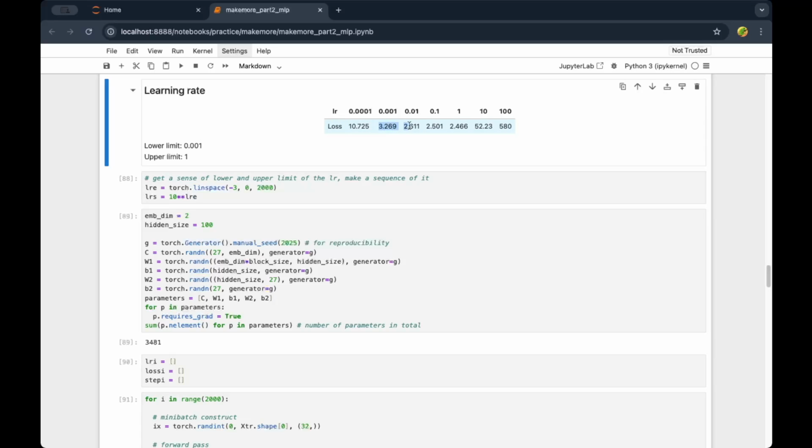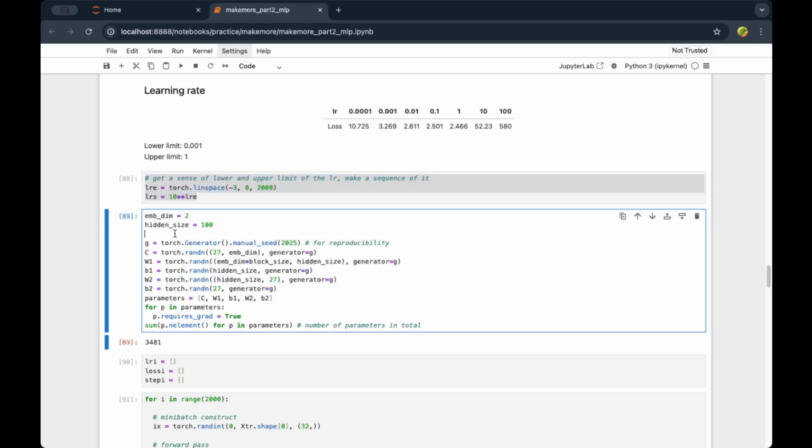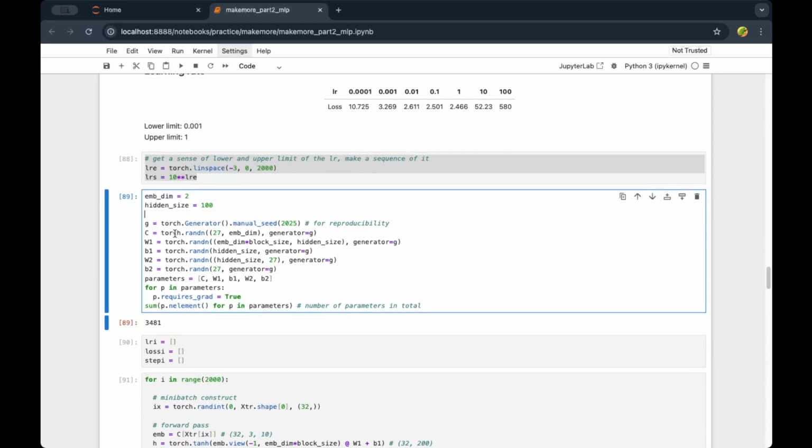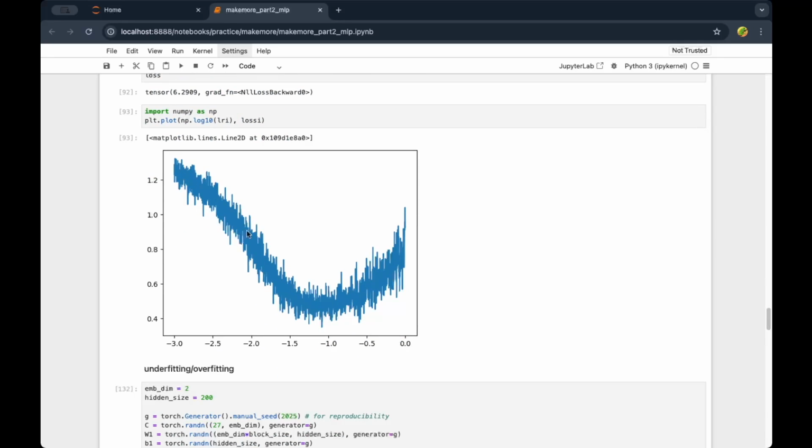For example, I found 0.001 and 1 are the limits of the learning rate. Beyond the limit, it doesn't help with the loss anymore. Now you change the learning rate from low to high during the training and plot out the loss against the learning rate. The lowest loss indicates the proper choice of learning rate.